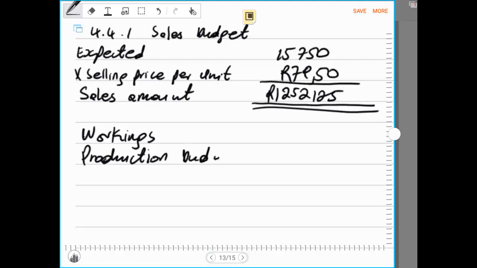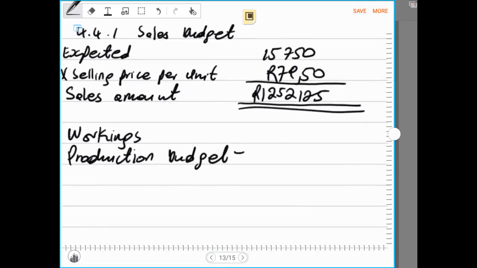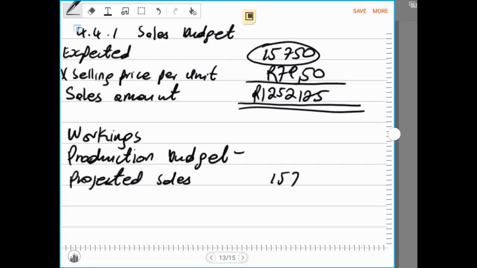Production budget says estimated or projected sales. It starts by saying projected sales, and our projected sales is the one that we calculated, 15,750, the number of units that we expect to sell.